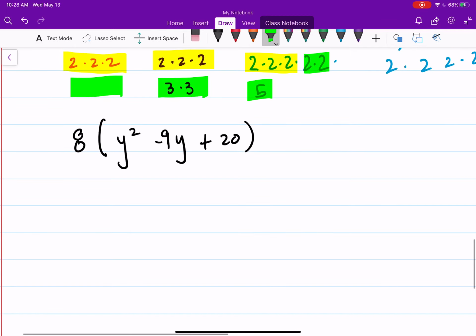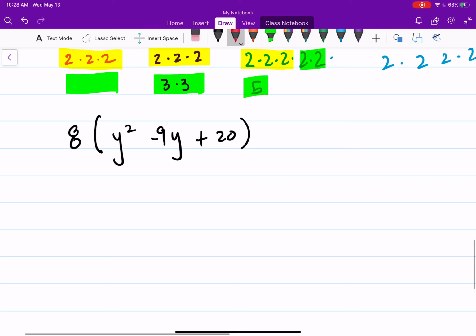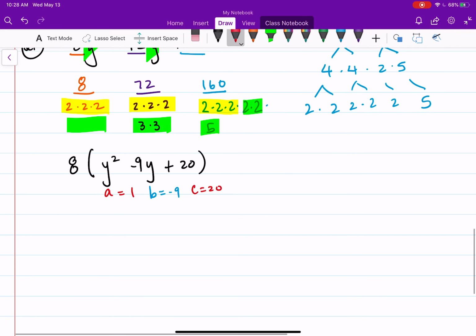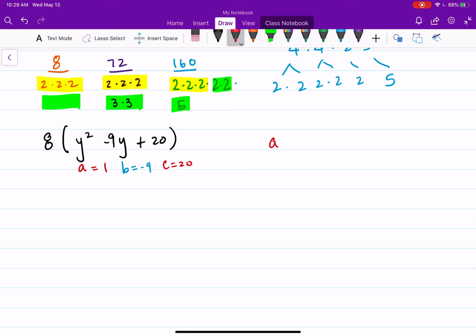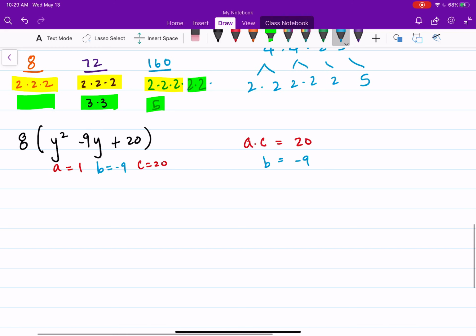Now, what did I do up here? I said A is equal to 1, B is equal to -9, and C is equal to 20. So typically what I would do is go off to the side and say, I got A times C. That's going to equal 1 times 20, so it's positive 20. B is equal to -9. Now I'm trying to find those two numbers.